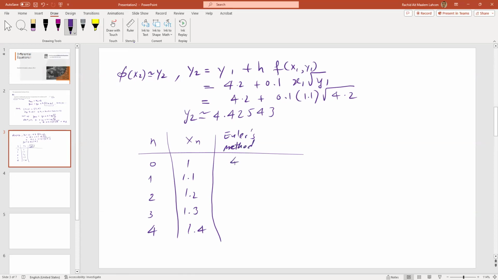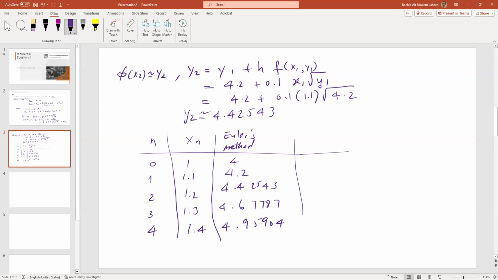The answers came up to be 4.2, 4.42543, 4.67787, 4.95904.